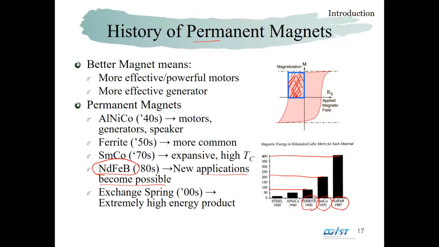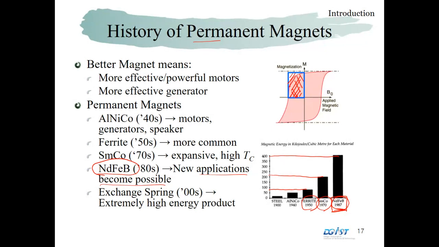So people keep trying to find better magnets, but so far it's not very successful. The best permanent magnet was invented 40 years ago, and there are many sister permanent magnets based on NdFeB, but there's not been a very successful achievement in finding a new permanent magnet.